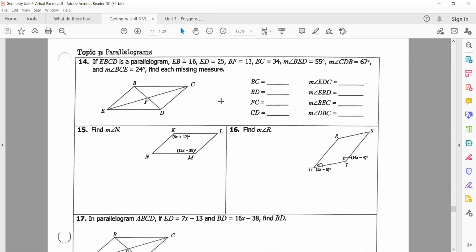Consecutive interior are going to be supplementary. But if you just ignore for a second that BE and CD are in that shape, just put them out of your mind. Now you're looking at parallel lines cut by two transversals. Questions on any of that?